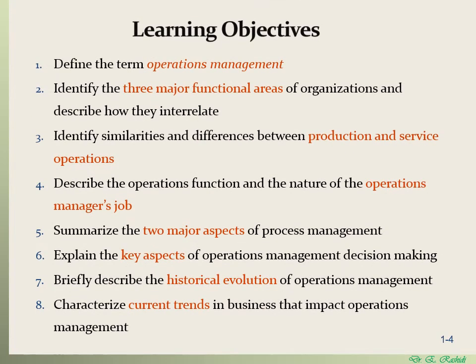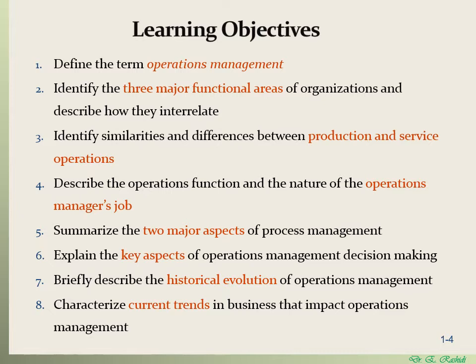The learning objectives of the first chapter, the introduction chapter. In this chapter, we learn about the definition of the terms operations and operations management. And we will learn about three major functional sections or areas of any organization, whether it's a service organization or a product organization, manufacturing, and how these parts or sections interrelate.